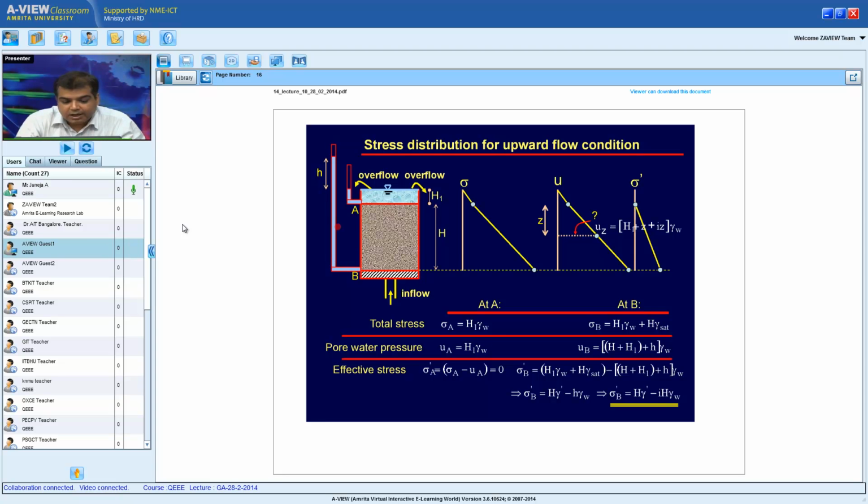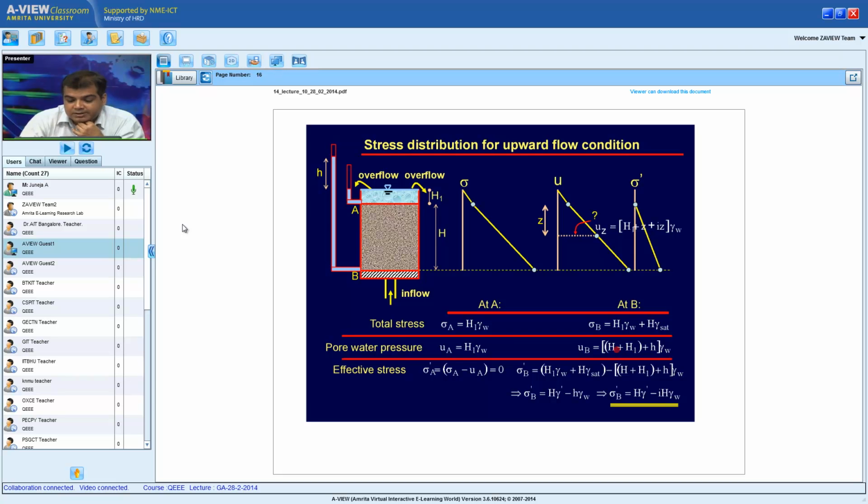Let's look at B carefully. At B, if I insert a standpipe, the water goes up this entire H level, plus capital H1, plus the head loss, which is small h. So the water in the standpipe should go to capital H plus capital H1 plus small h.